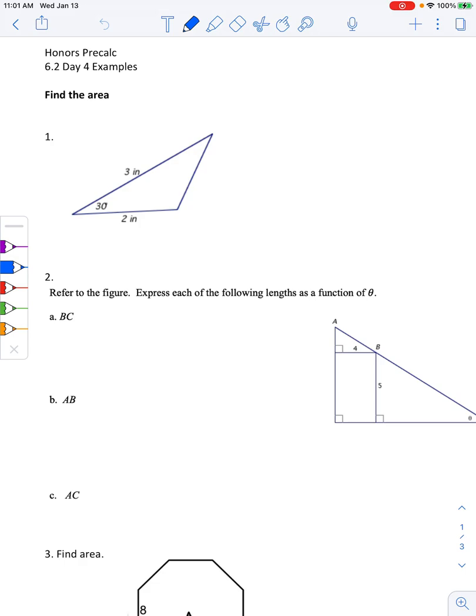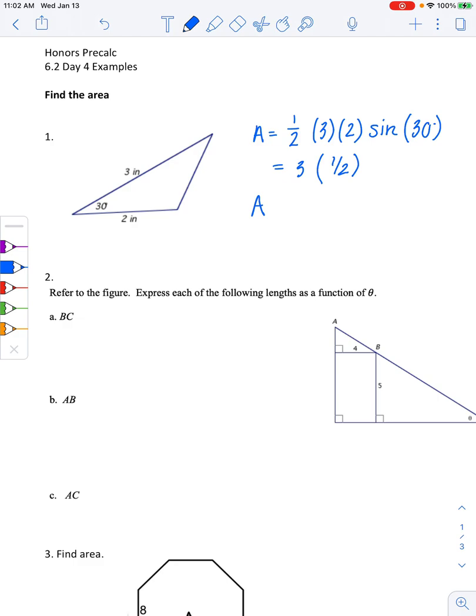So number 1 says find the area. Notice this is not a right triangle. So I'm going to use my formula for any triangle finding the area, which is going to be 1/2 A, or the side that makes the angle, times B, which is the other side that makes the angle, times the sine of the degree in the middle, which means it's going to be 3 times sine of 30 degrees, 1/2.